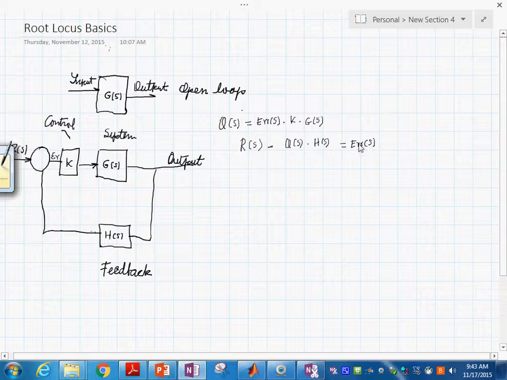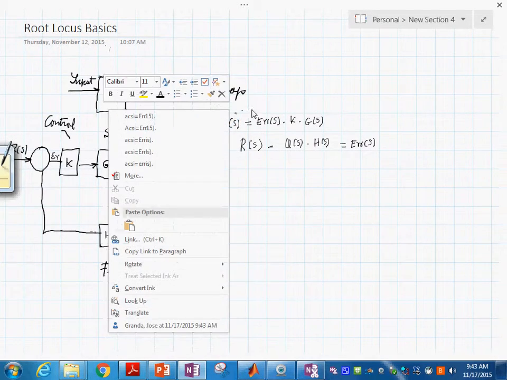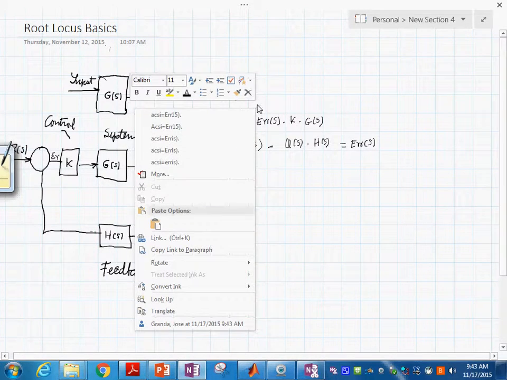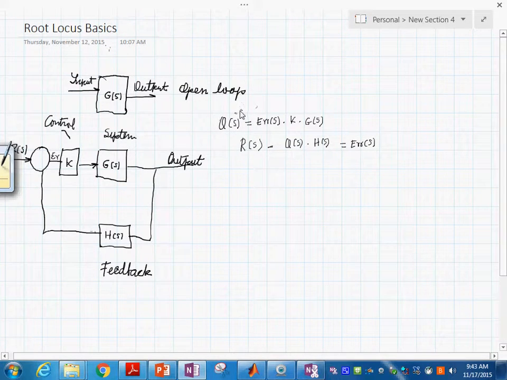Let me stop for a second and review this so that everybody is with me. This is the output that you see here, and the input is the error multiplied by K multiplied by G of S. That's what I wrote in the first equation.